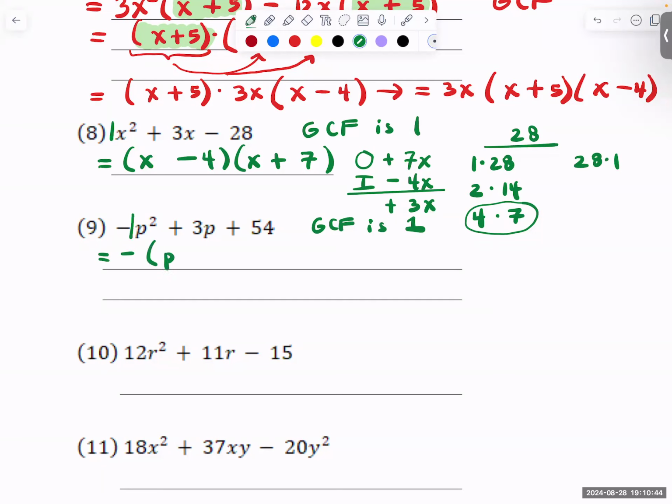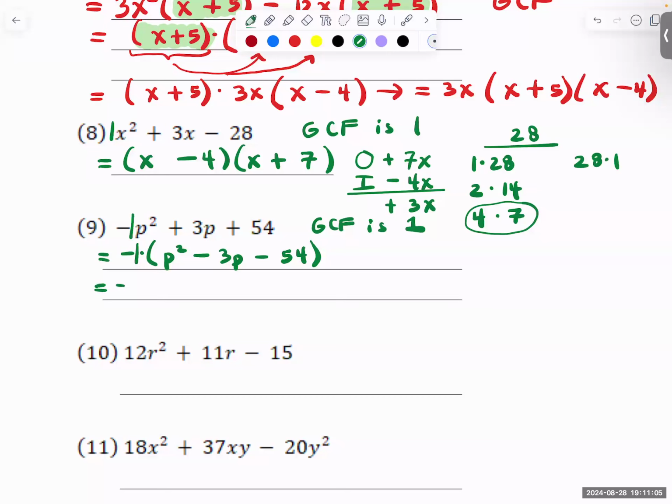And that will flip the signs of all the terms. So the +3p becomes minus 3p, and the +54 becomes minus 54. And the signs are flipped because on the outside is a -1 that is being distributed.